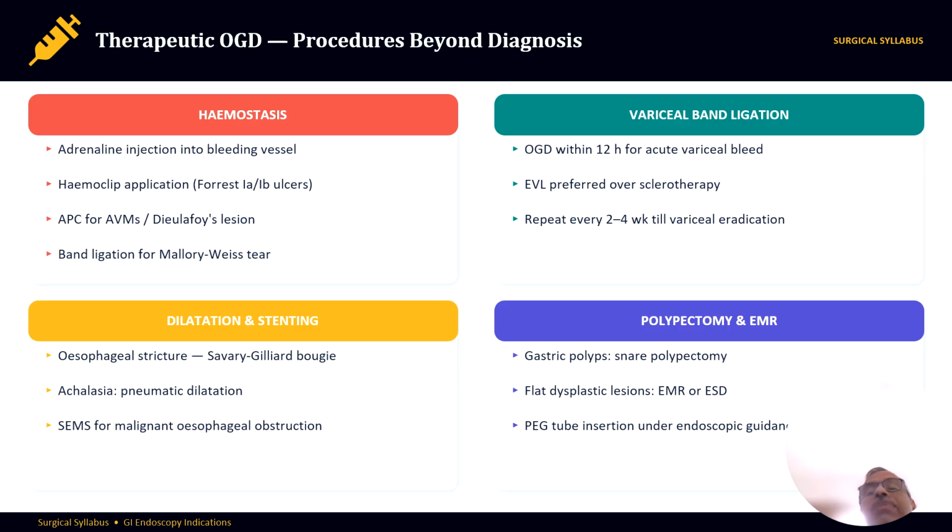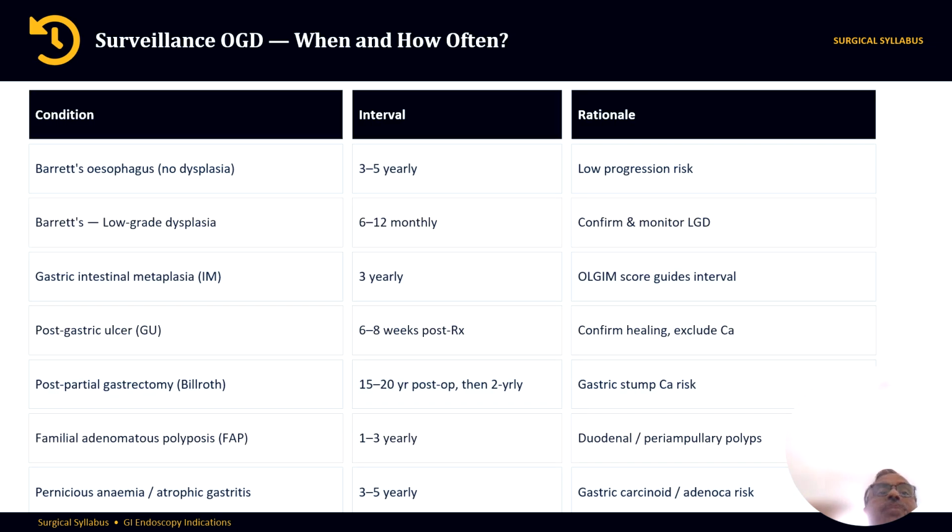Both are very important procedures in a patient with dysplastic lesions like Barrett's esophagus. We can also do a PEG, percutaneous endoscopic gastrostomy tube insertion, under endoscopic guidance through OGDS. So these are the common therapeutic indications of doing an OGDS beyond diagnostic procedures.